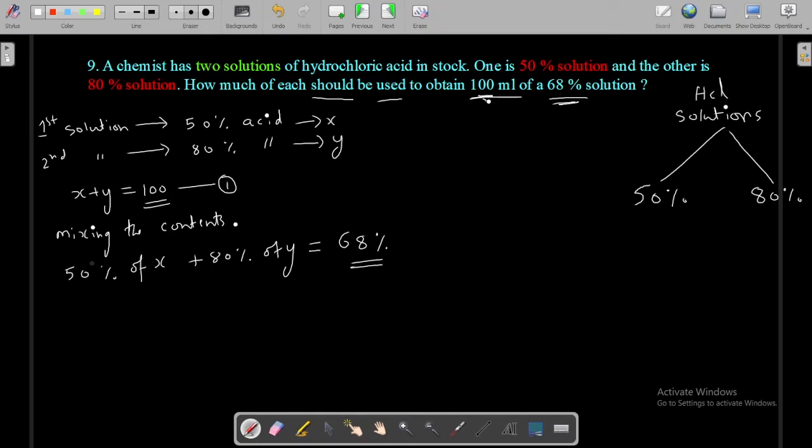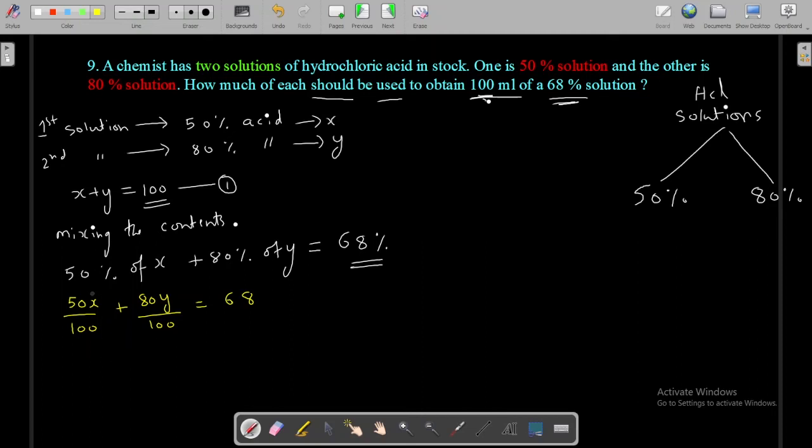So percent is nothing but divided by 100, no? So I will write this equation as 50 by 100 into x, 50x by 100 plus 80y by 100 is equal to 68.